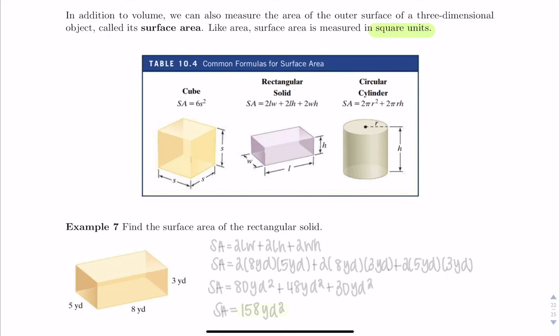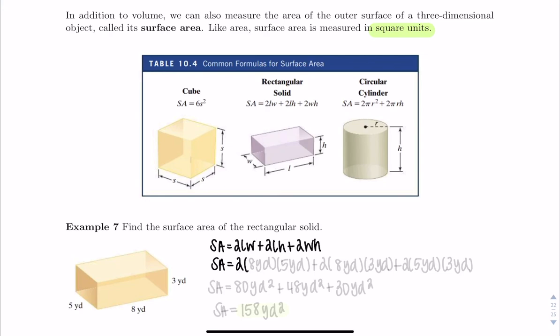So let's find the surface area of the rectangular solid. We're using 2lw plus 2lh plus 2wh.